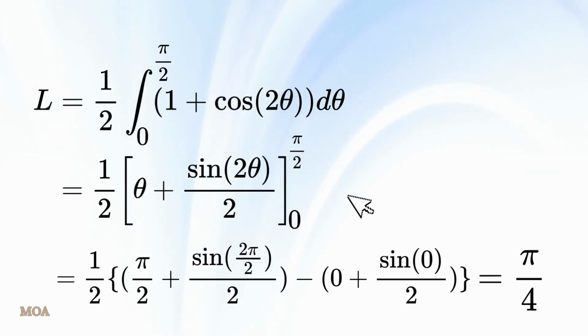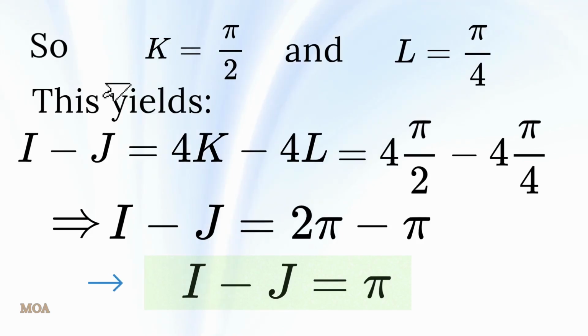This leads to L equals 1/2 times the quantity theta plus the sine of 2 theta divided by 2, evaluated from 0 to pi over 2. This gives pi over 4. Consequently, the integral K evaluates to pi over 2, and L equals pi over 4.